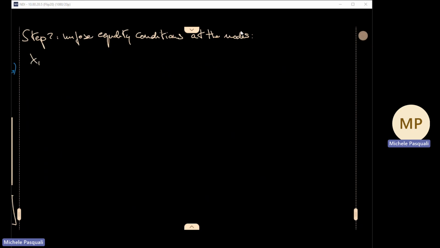And so we have that x1 over bar of 0 must be E1 over bar.